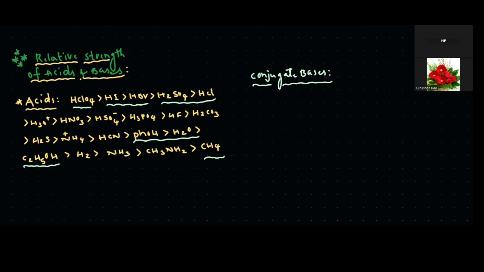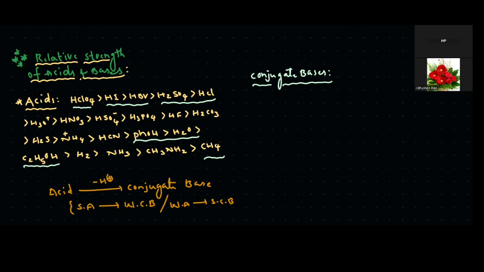From an acid, if you remove H plus ion, it gives the conjugate base. That is the condition. So suppose a strong acid is given, it always gives a weak conjugate base. Or if you write, a weak acid gives a strong conjugate base. So these are the conditions. Based on these conditions, now we will write the conjugate bases according to these acids.